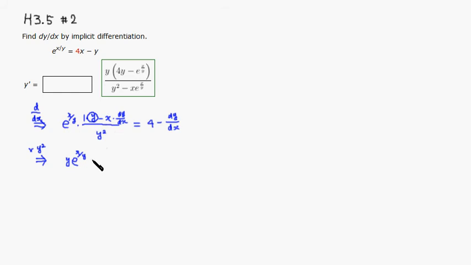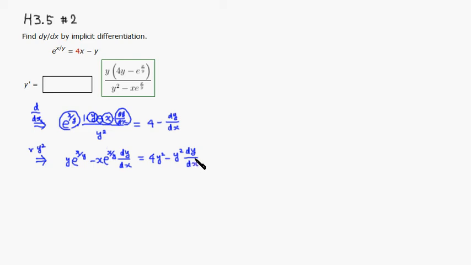And also minus, so here's a negative sign, right? x times e to the x over y, which is this guy, right? Then you have a dy over dx. Then if you multiply the right hand side by y squared, you're going to get 4y squared minus y squared dy over dx.